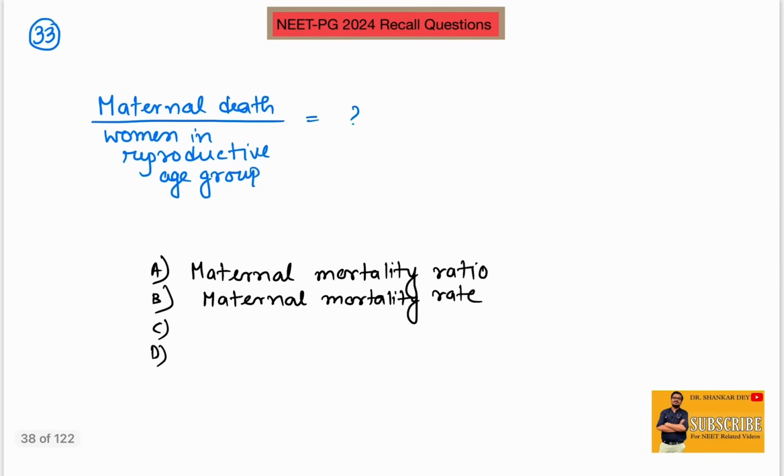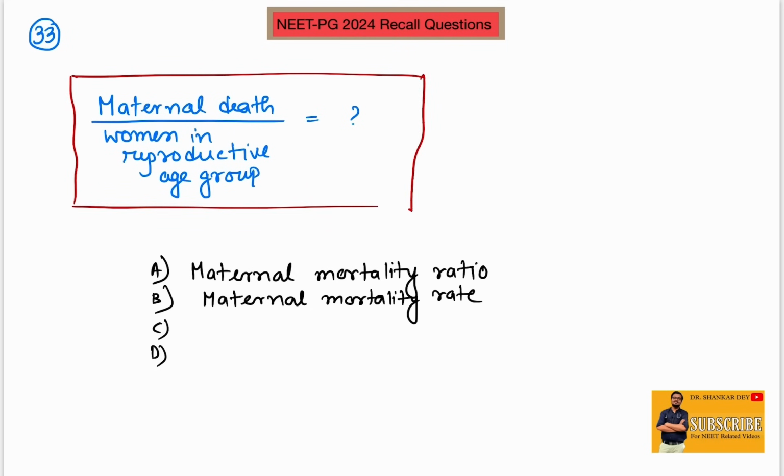Okay. Question number 33. A direct equation was asked. This is about maternal death divided by women in the reproductive age group. Both numerator and denominator are from the same category, so this is definitely a rate.